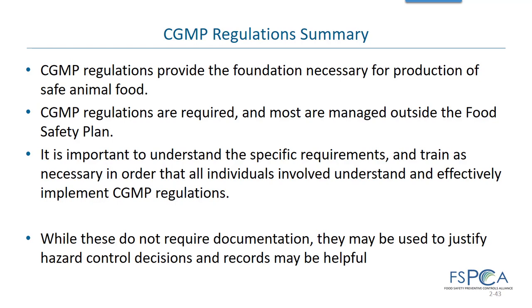So while documentation is not required, in my experience, a lot of companies choose to document a lot of these because they support their decisions and because they support the food safety system and the effectiveness of their food safety system. And that wraps up Chapter 2 on CGMPs.